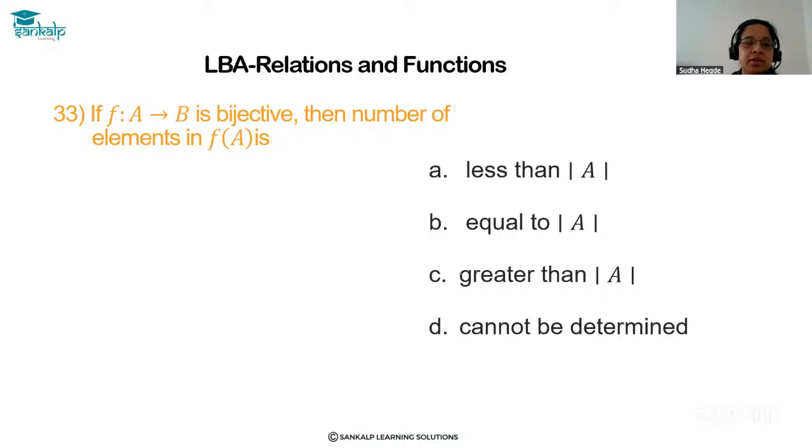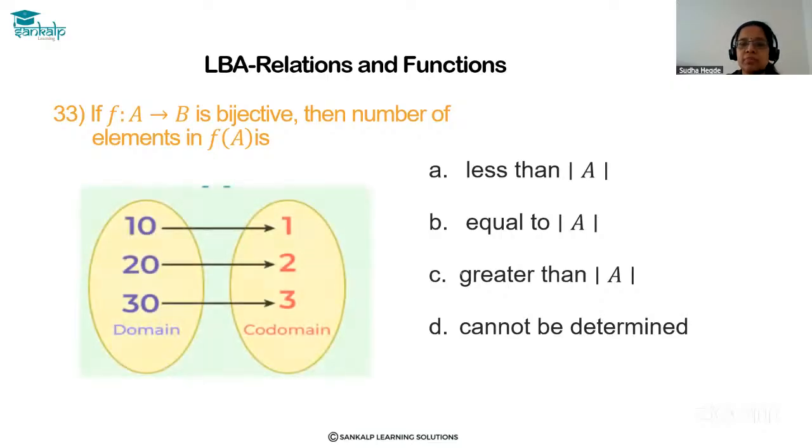Hello students. The question is, if f from A to B is bijective, then number of elements in f of A. F of A means range is. So if a function is bijective, then number of elements in domain must be equal to number of elements in codomain.